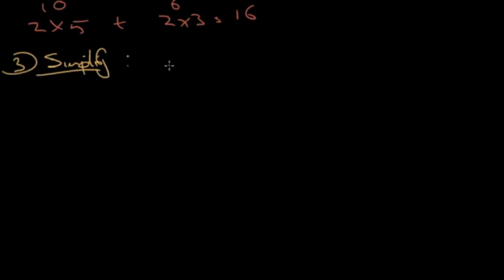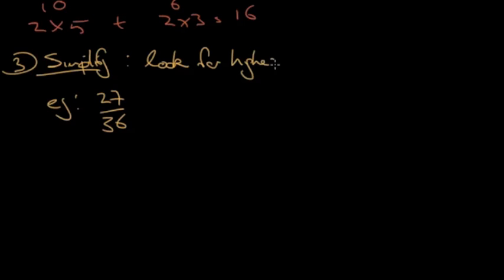And all we do to simplify, if we're looking at an example like 27 over 36, is look for the highest common factor. So we say, what goes into 27 that also goes into 36? Or what goes into 36 that also goes into 27?